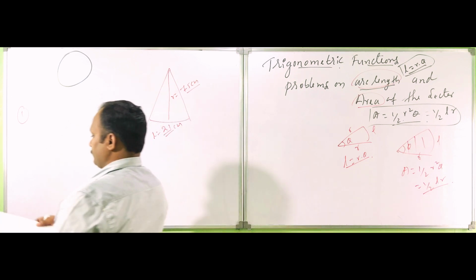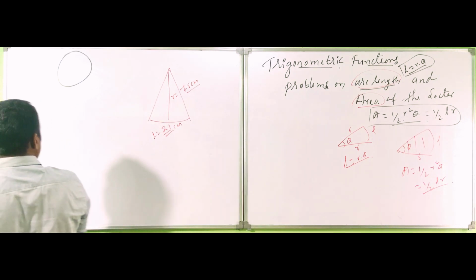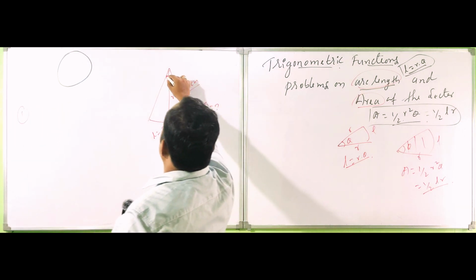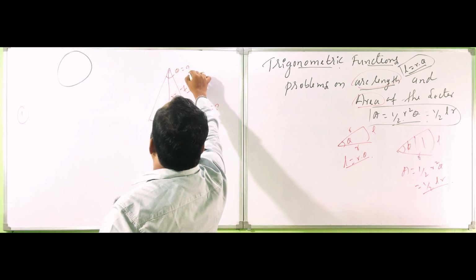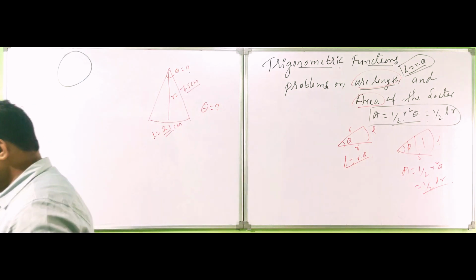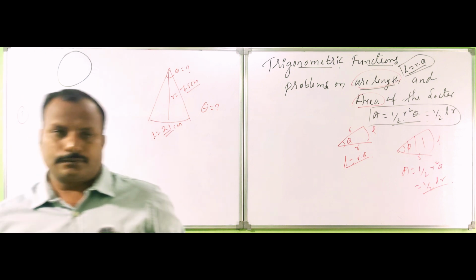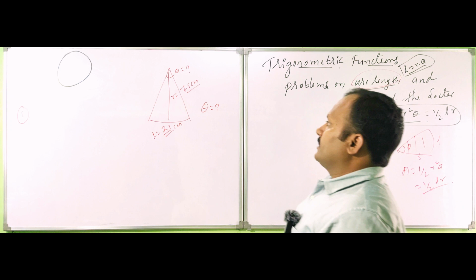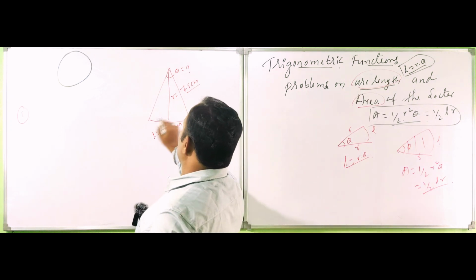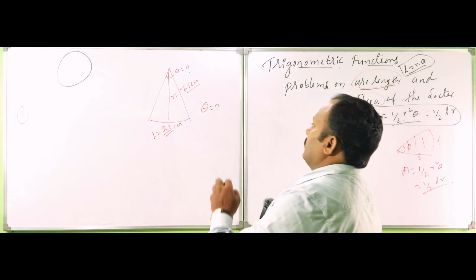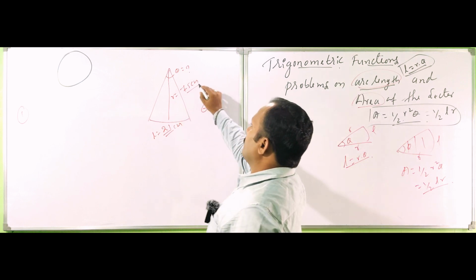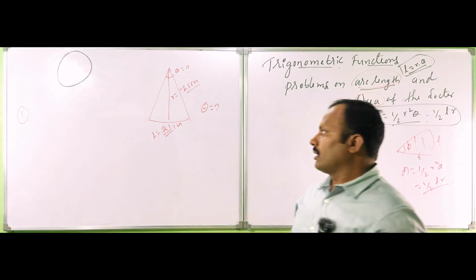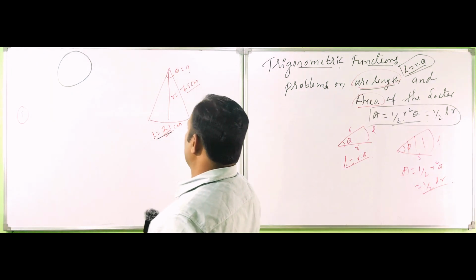Find the angle theta. The reason, students, is that given a question like that, there is a pendulum swinging left to right or right to left, with the radius length 75 centimeter, and it describes an arc distance of 21 centimeter.